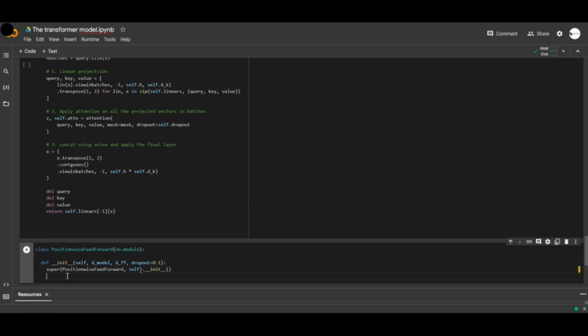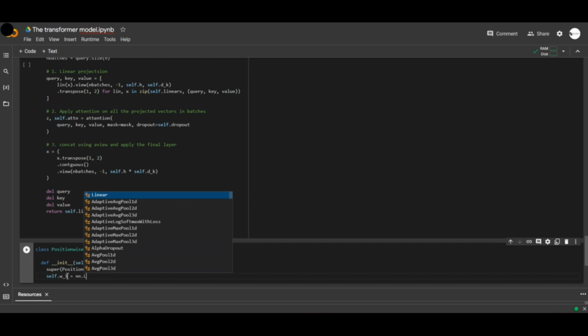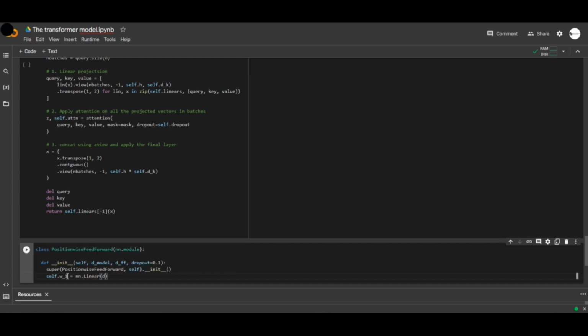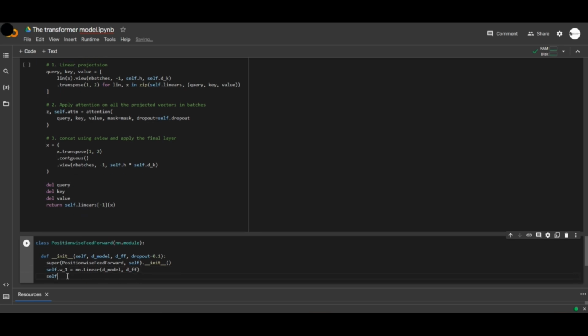Then we define the first weight. So weight 1 is going to be equal to nn dot linear. We take in the dimension of the model, then the dimension of the feed forward. Then the second layer takes the feed forward dimension, so weight 2 equals nn dot linear, where we pass the ff dimension and then the model dimension.